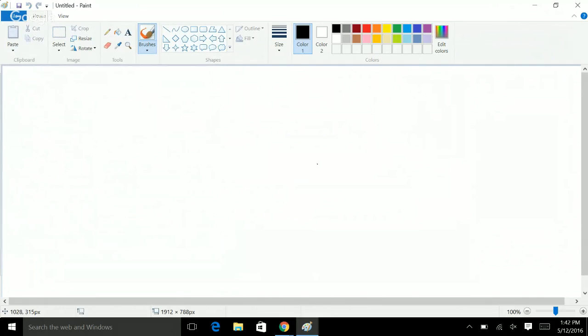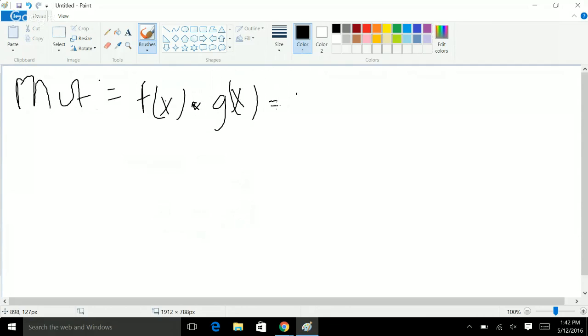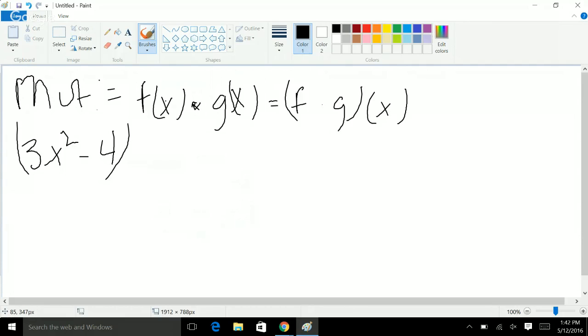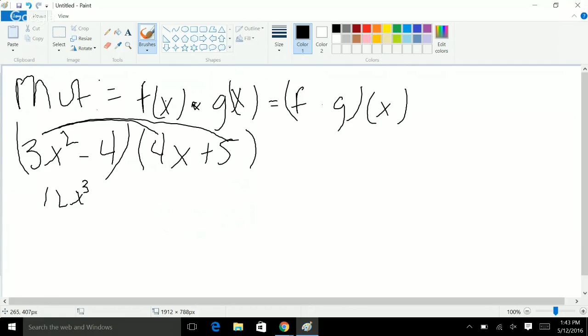Now we'll move on to multiplication. That would equal f of x times g of x, f times g of x, that would be 3x squared minus 4 times 4x plus 5, and now we would distribute. 3x squared times 4x would be 12x cubed, and now 3x squared times 5 would be 15x squared.